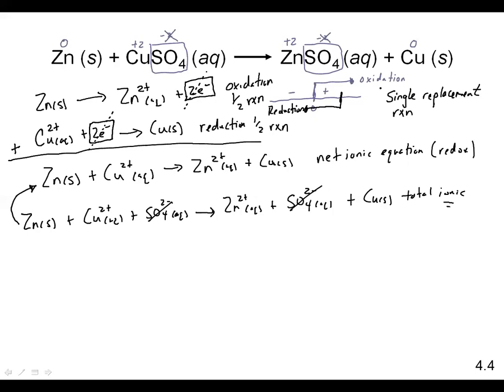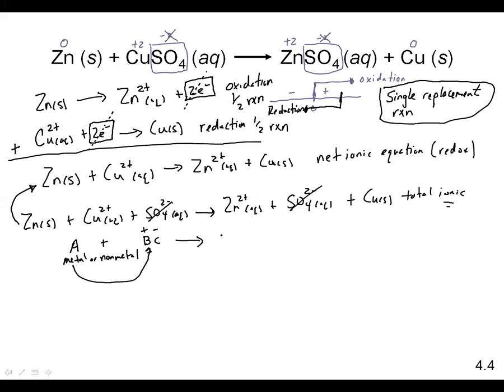And in a single replacement reaction, which is another way that you can classify this particular type of reaction, you essentially will have one thing that's either a metal or a non-metal plus an ionic compound, something that's positive and negative. And basically, for example, if it's a metal, it will come in and replace that B, and that will give you A and C, plus this guy will come off by itself.